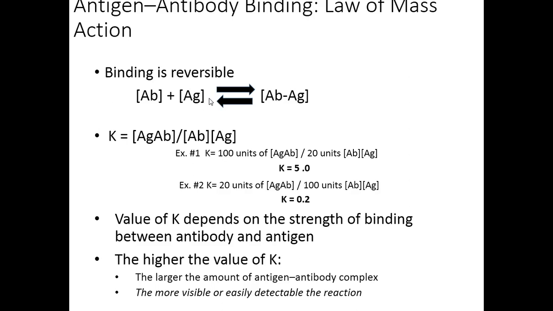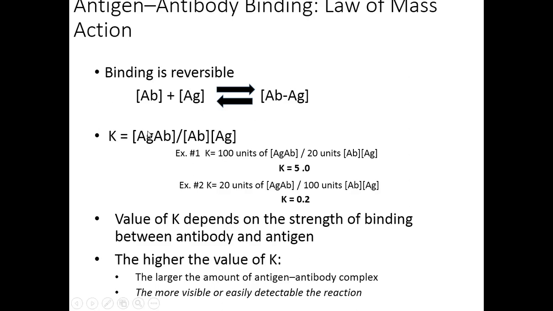That strength of the bonding is really going to be important when we're designing laboratory tests in order to identify the presence or absence of antibody or antigen. So we use this law of mass action in the calculation. This is the calculation for the law of mass action, where K is a constant, and it represents really the difference in the rate between binding versus dissociation.